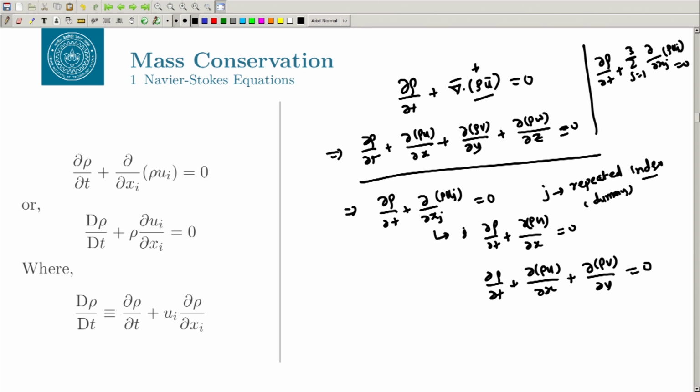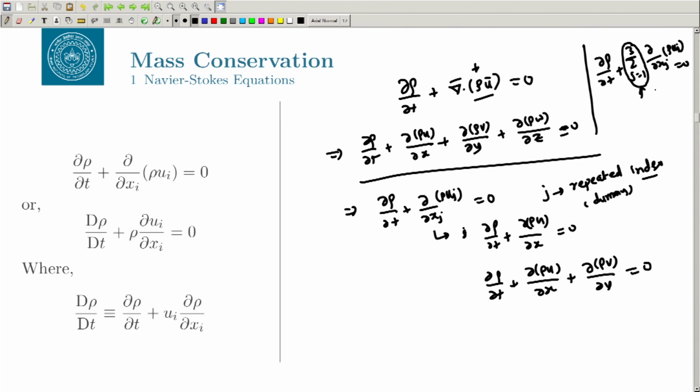But Einstein basically said that there is no need to use this sigma j equal to 1 to 3, because by default if there are indices which are repeating, that means you have to do the summation. There is a story behind it that Einstein's printer had some problem in printing all these things, so he got rid of this, but what is popular now is the Einstein notation.